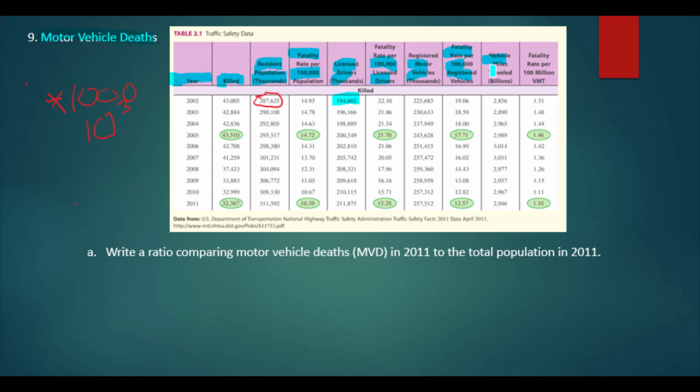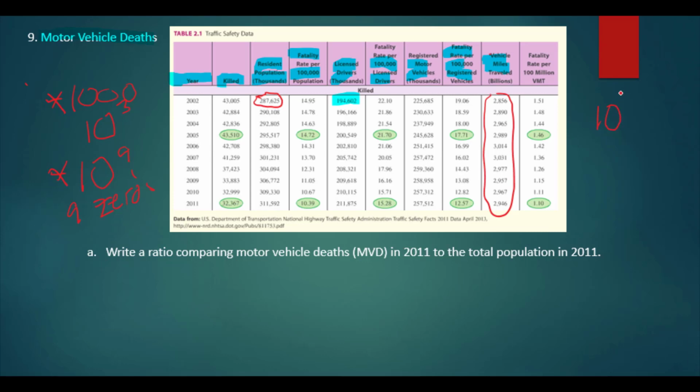This is the vehicle miles traveled. And this is in billions. So that's not the total amount of vehicle miles traveled. That is, to make this the actual number, you'd have to multiply it by 10 to the 9th power, or you'd have to add 9 zeros to that number. You should kind of know this one.